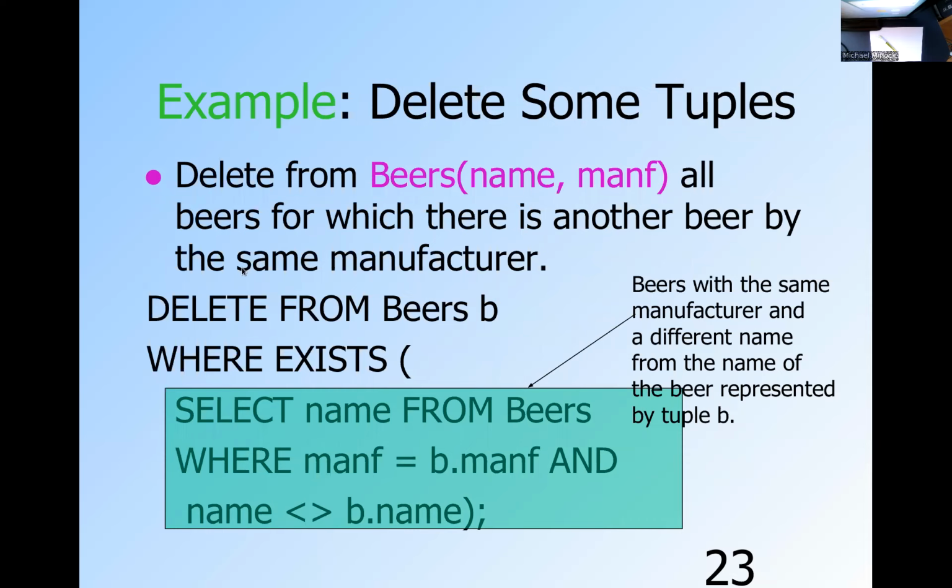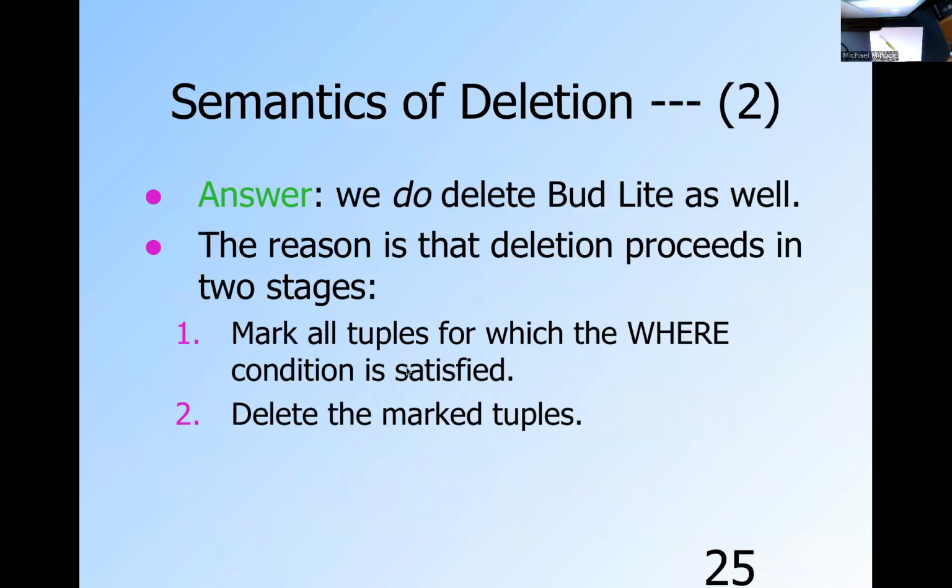Operationally, what you do in SQL is you go through the full table of beers, and you put a marker on each one that this is true for. And then you go through and do a delete. You delete everything that has a marker. So mark all the tuples where the where condition is satisfied, and then delete the marked tuples. That's how it works.